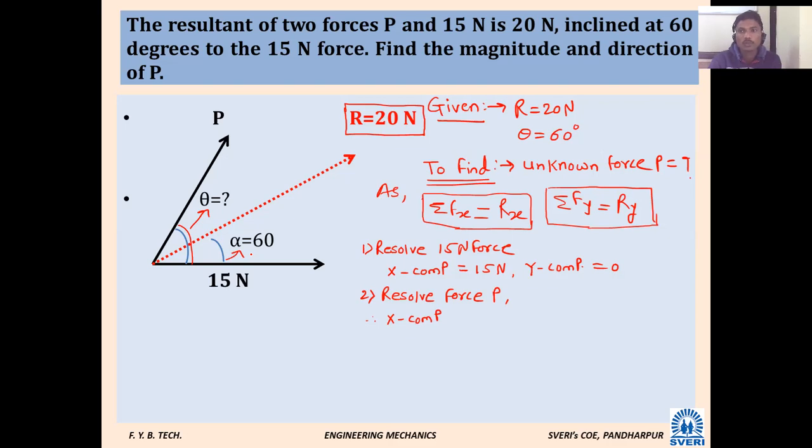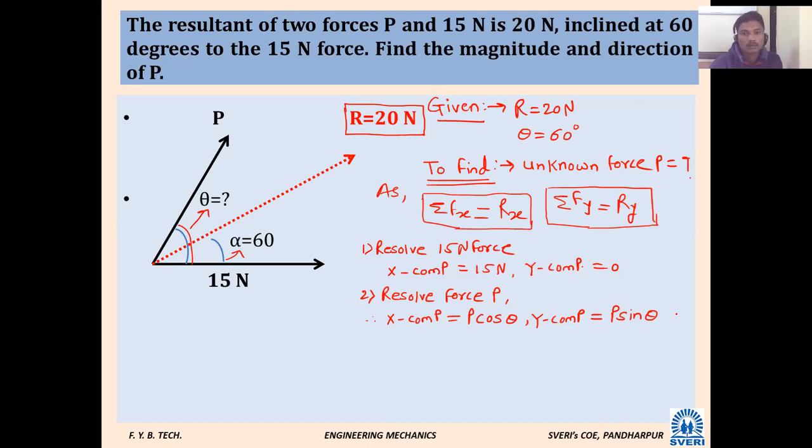The angle made by force P with the horizontal is theta. If it is known, then tell me what is its x component. Force P is unknown, so we should say force P only. Okay, P. What is the angle? Theta. That also we don't know. So we will say P cos theta. Correct? Then the y component. What will the y component be equal to? Force P sin theta.